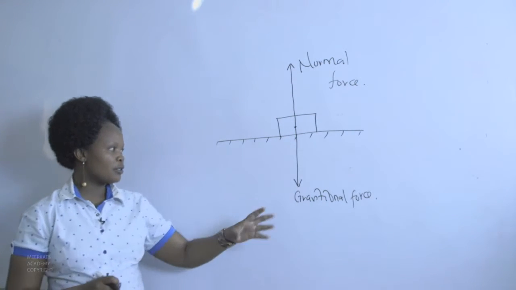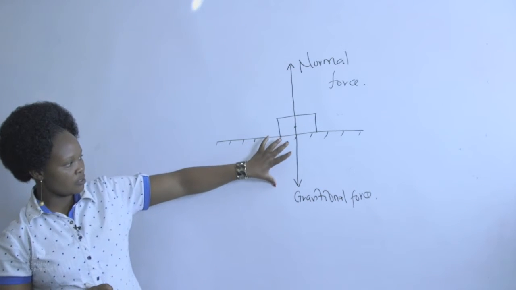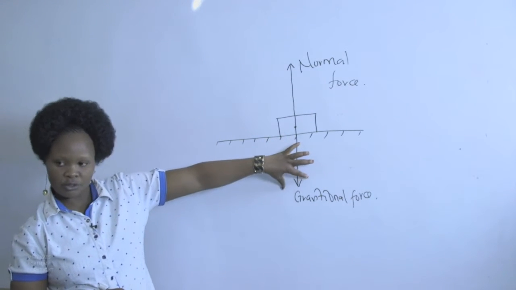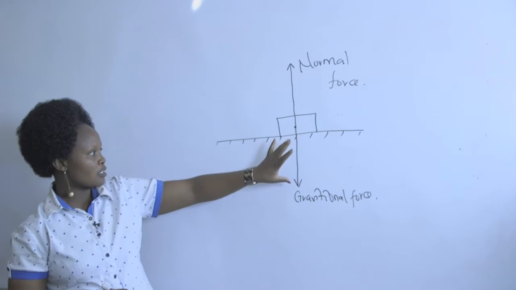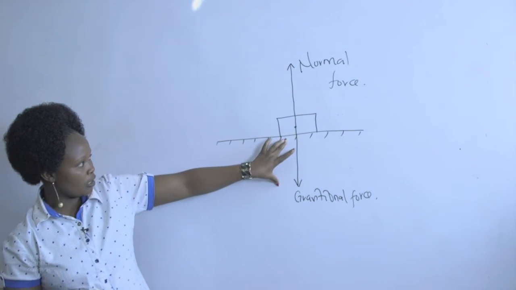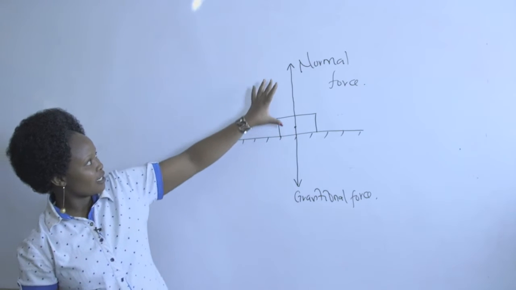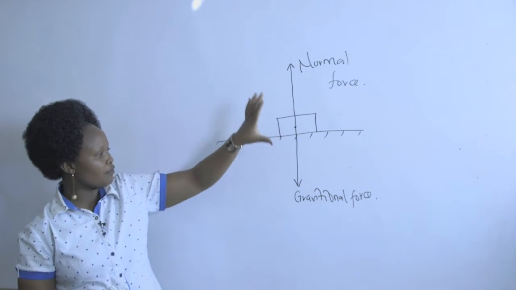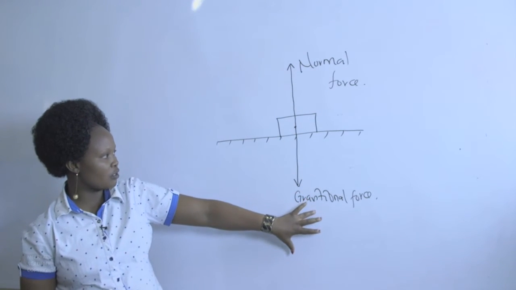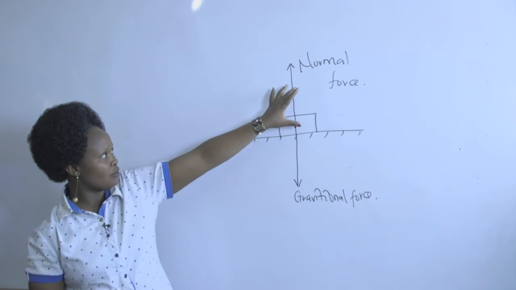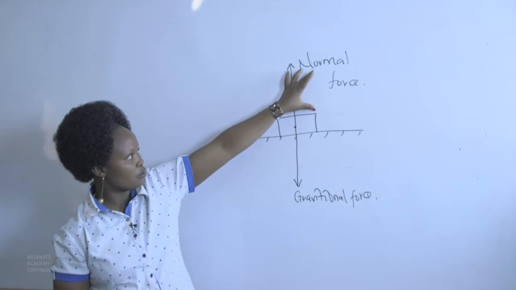Again, note the size of the arrows and the direction of the forces. The size of the arrows may be equal, but the directions are different. Therefore, the effect of gravitational force is cancelled out by the effect of normal force.